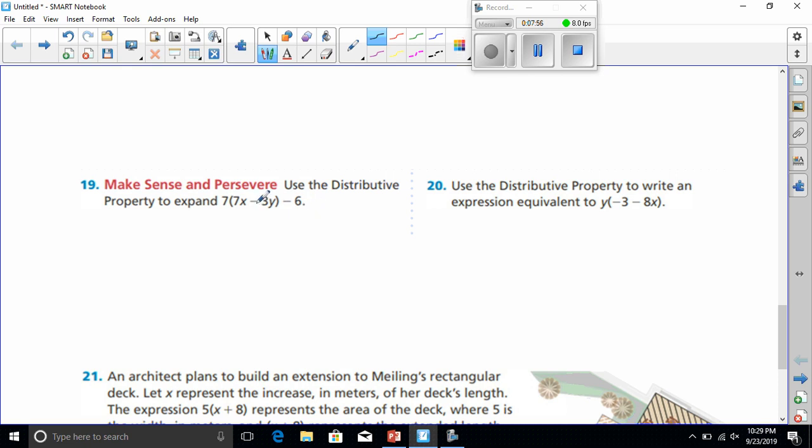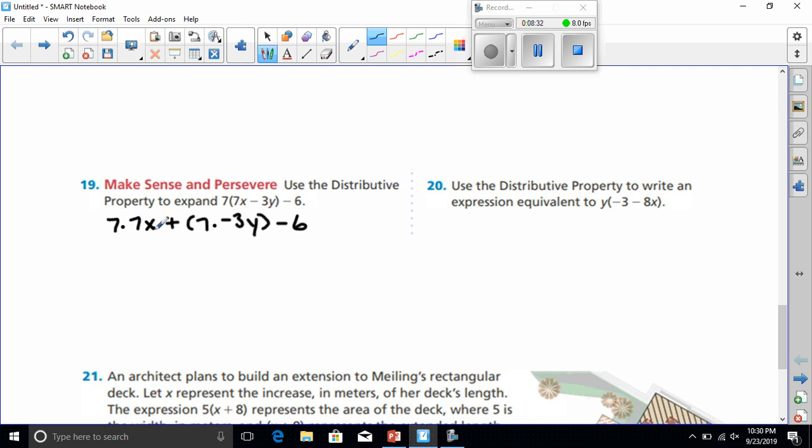Well, if I use it, 7 times 7x, then it's 7 times negative 3y, so this would be adding 7 times negative 3y, and then we're going to subtract 6.